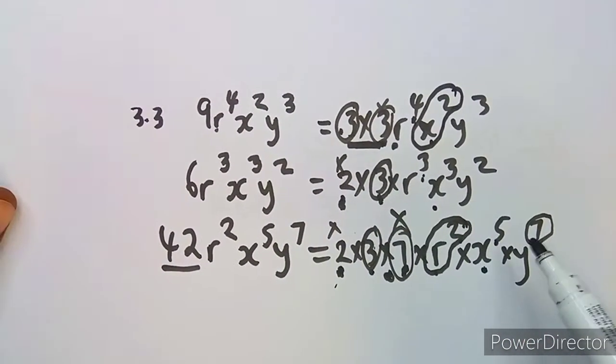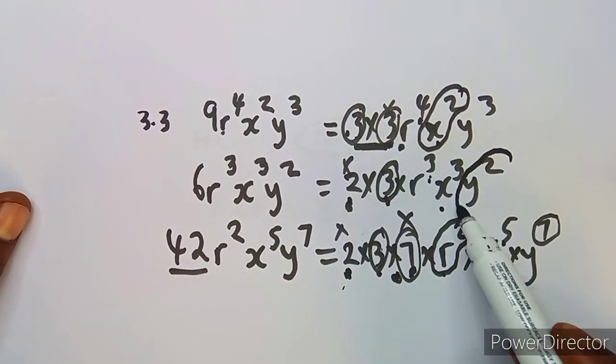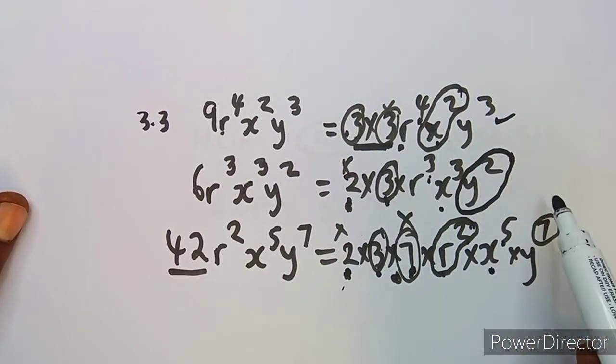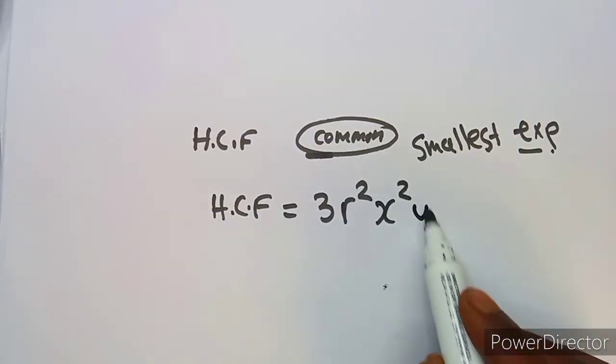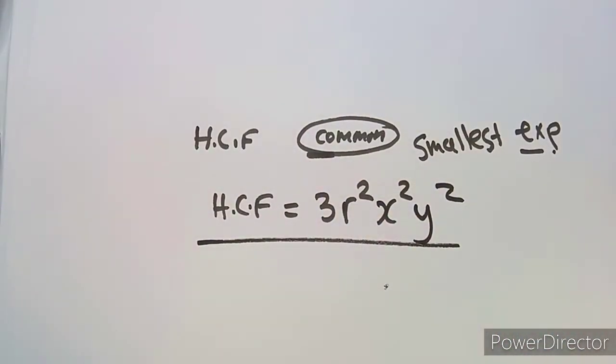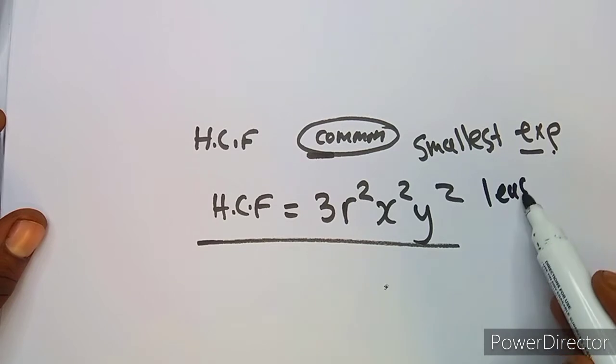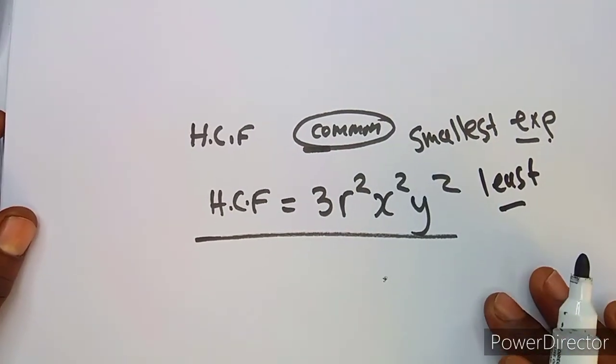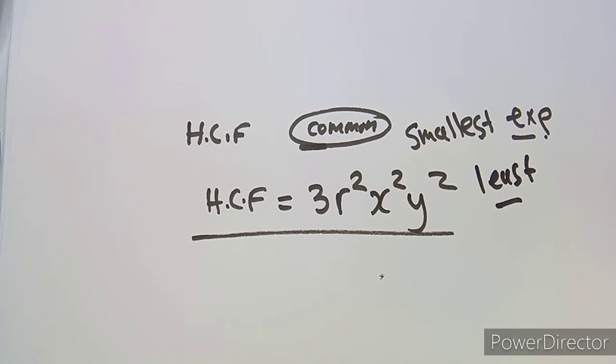Okay, you move on to y. Which one is the smallest exponent? It is this one, y to the exponent of 2, because this is 3, this is 7, so the smallest is 2. So this becomes your highest common factor. For the highest common factor, you take the smallest or the least exponent. For the LCM, you take the highest or the largest exponent. Okay, so that is the idea there. So that's how they actually play around with these questions.